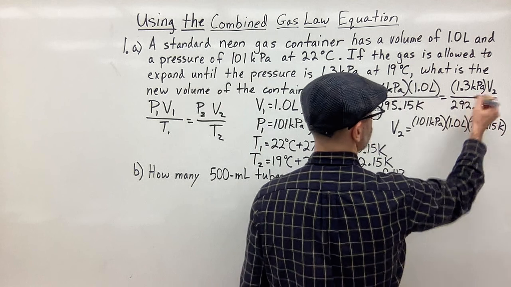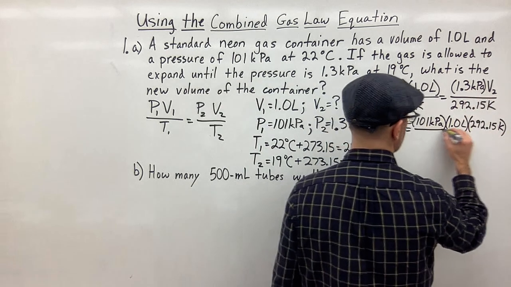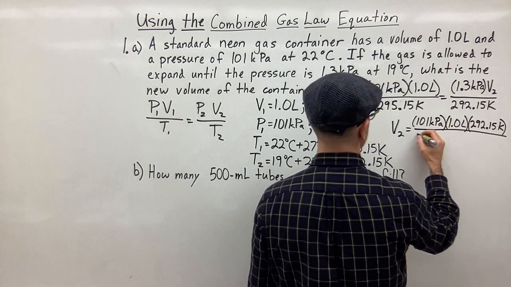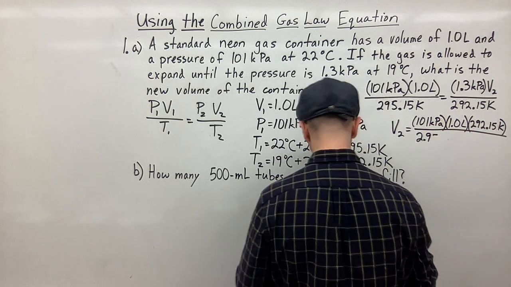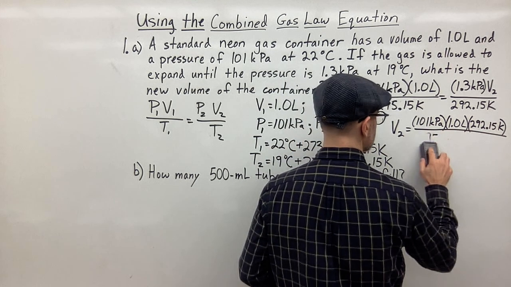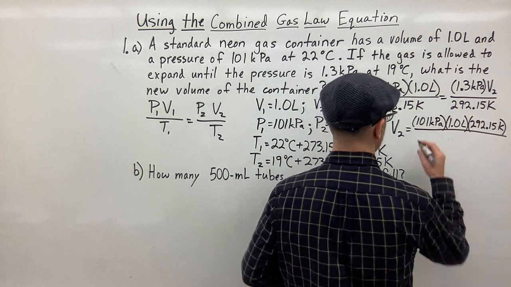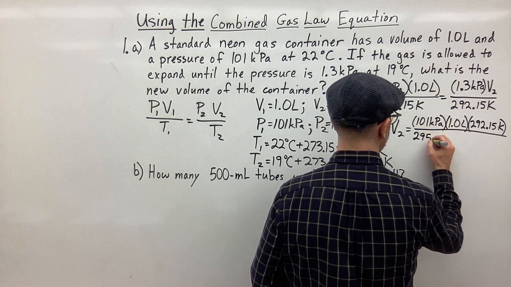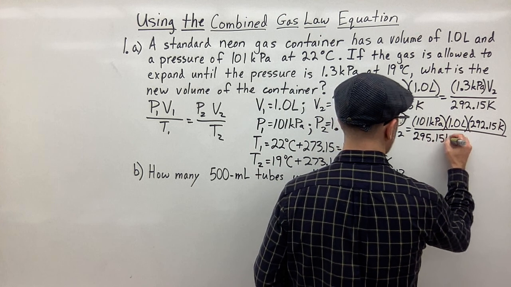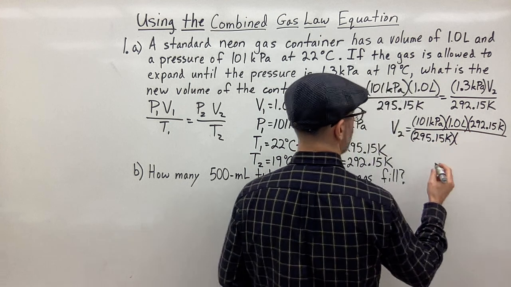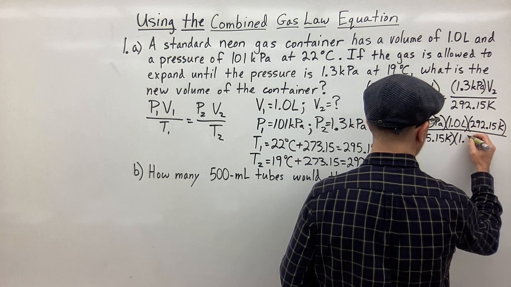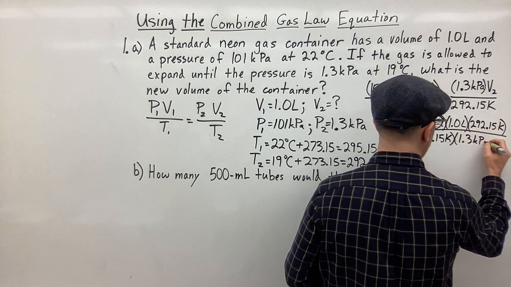And then I'm dividing by, oops, not 2.95. Sorry. That's going to be 295.15 Kelvin, now multiplied by the 1.3 kilopascals.